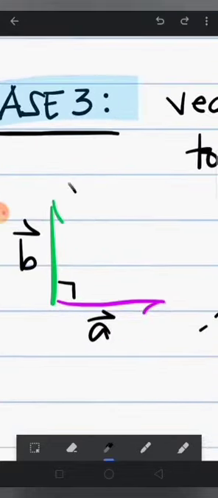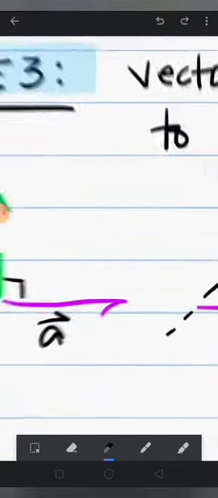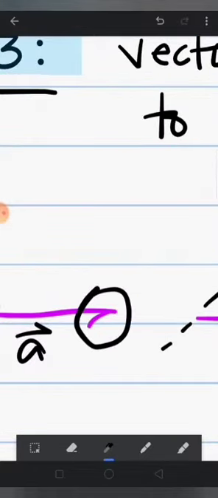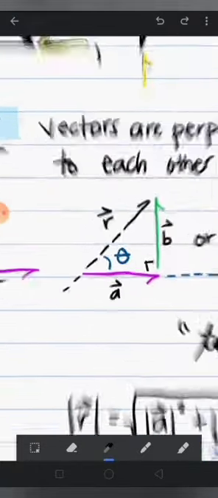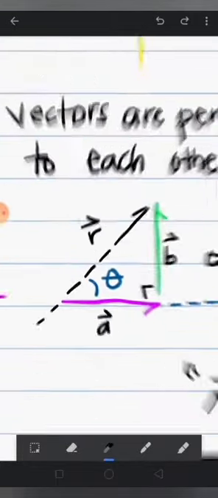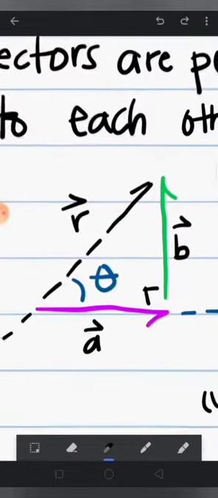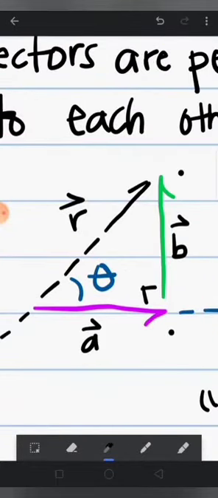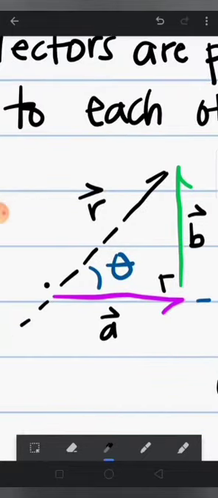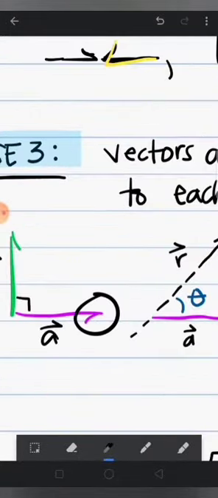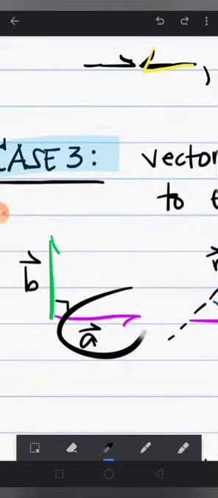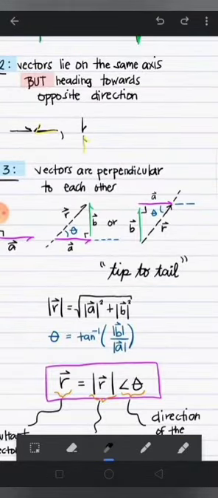We just have to move this entire vector to the tip of this vector, head to tip. That's why they call it tip to tail. We can either move vector B to the tip of A, or move A to the tip of B. Either way, they are correct and would give the same answer.